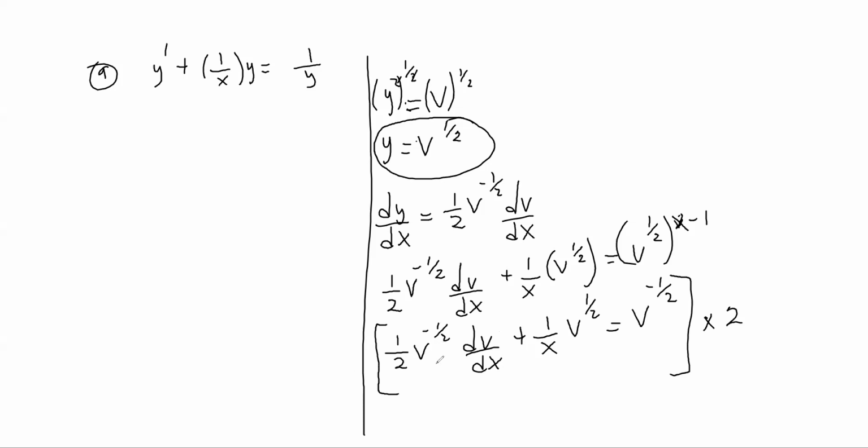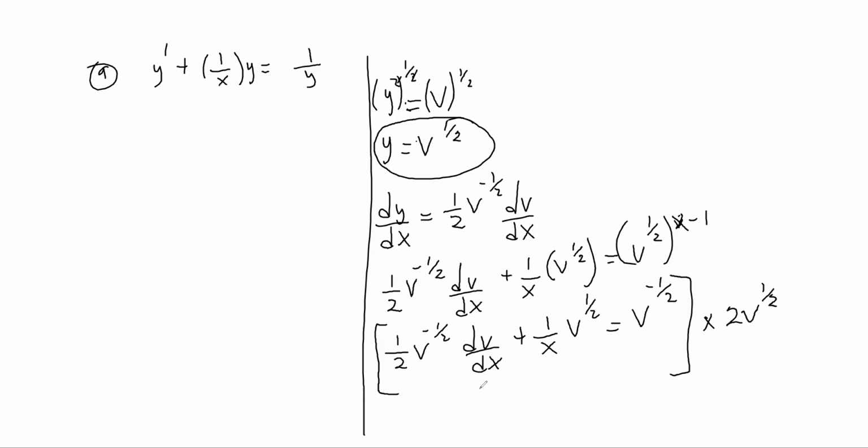And then I have v raised to the minus half, so I will multiply by v raised to the positive half. Why? Because this expression times this expression, this 2 can cancel this 2. V raised to the negative half times v raised to the positive half will go out, and I will only be left with dv by dx.